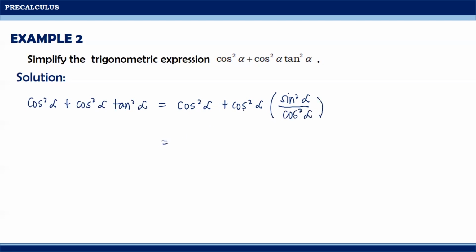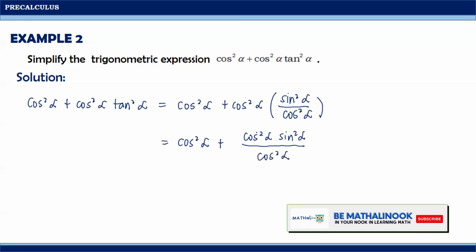Next, we need to multiply cosine squared alpha times sine squared alpha all over cosine squared alpha. So we're going to have cosine squared alpha plus cosine squared alpha sine squared alpha all over cosine squared alpha. Next, notice a common factor here, cosine squared alpha all over cosine squared alpha.